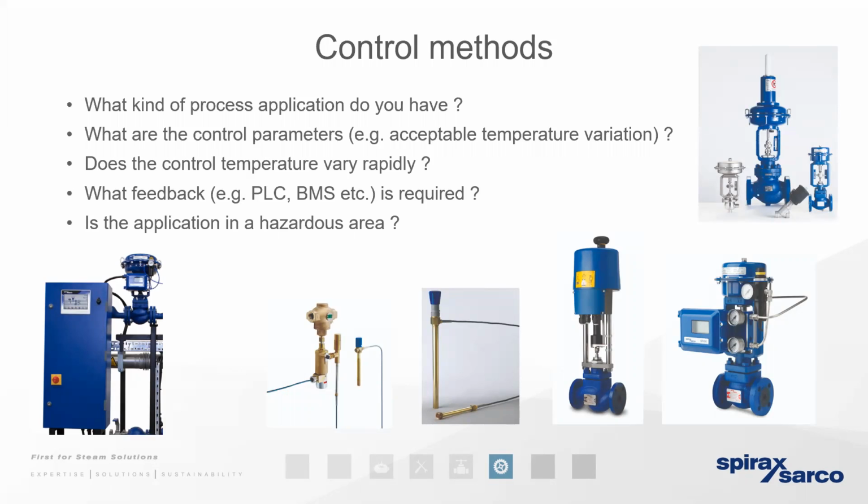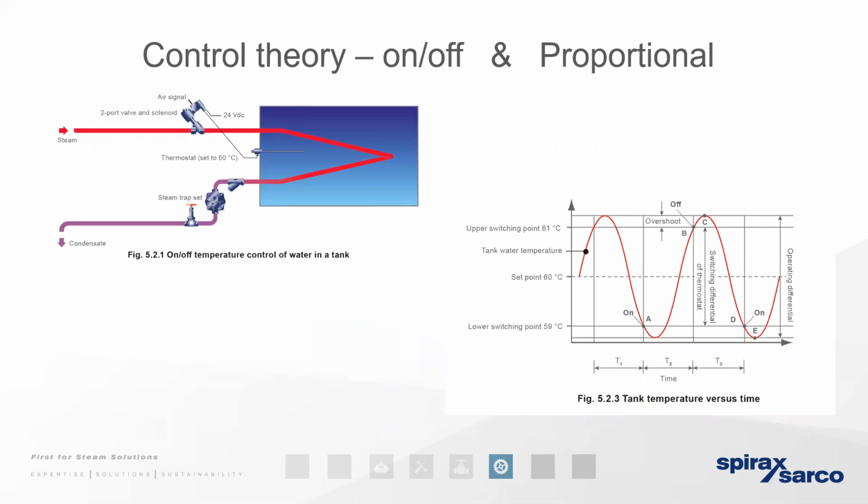If we've got a sophisticated requirement where we need to hold the temperature at a very stable point, or if we need to send feedback to a PLC or a BMS, we're going to want to move towards a control valve. But at the least sophisticated side of the options, we could use an on-off valve for controlling the release of energy onto the secondary side.